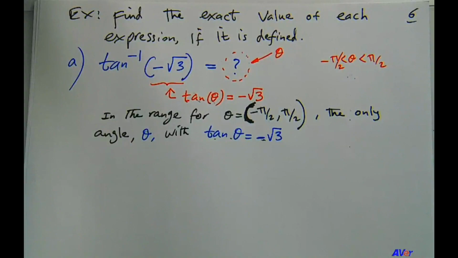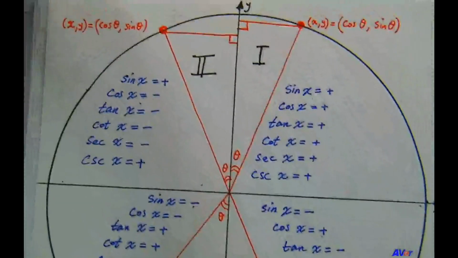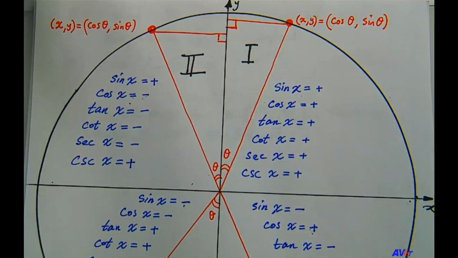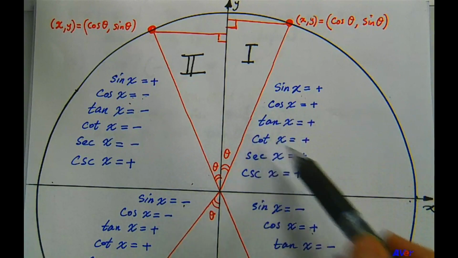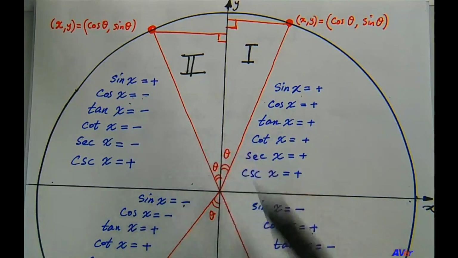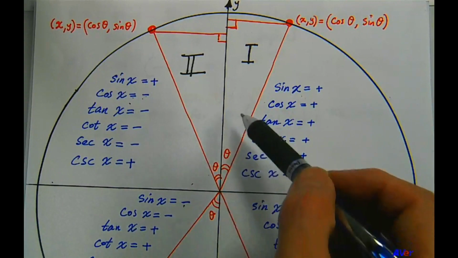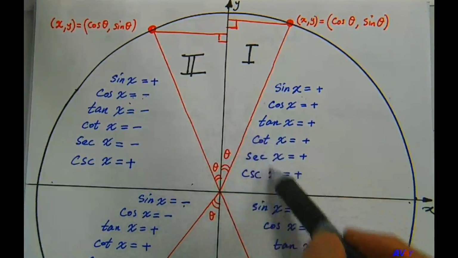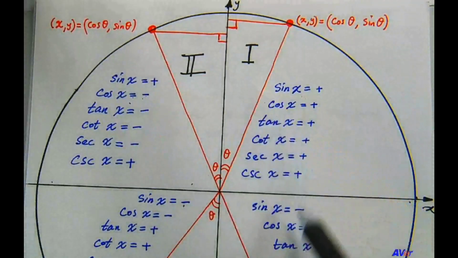But in the quadrant, for the inverse tangent, we just said that we are allowed to go from negative pi over 2 to pi over 2, excluding negative pi over 2 and pi over 2. We're allowed to swing between quadrant 1 and 4.